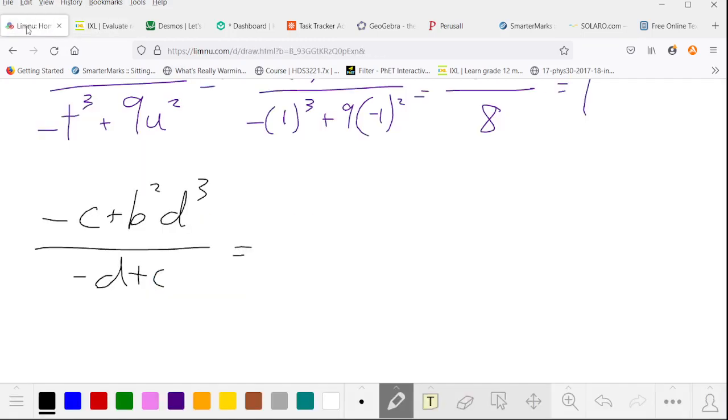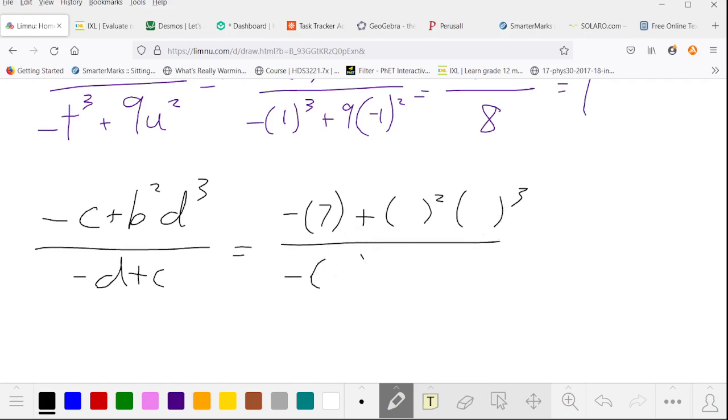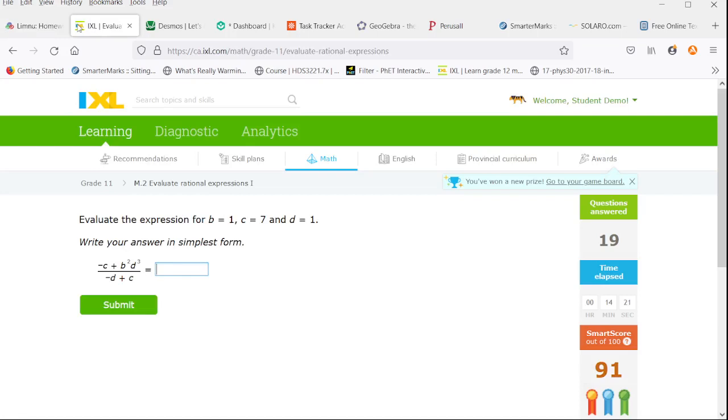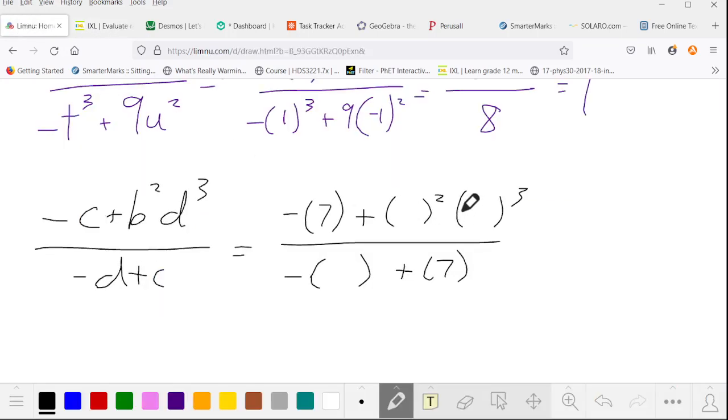And we want this for c equals 7, for b equals 1, and for d equals 1. So negative 7 plus 1 is negative 6, and negative 1 plus 7 is positive 6. So that's negative 1.